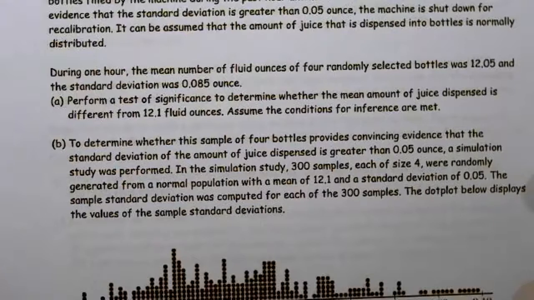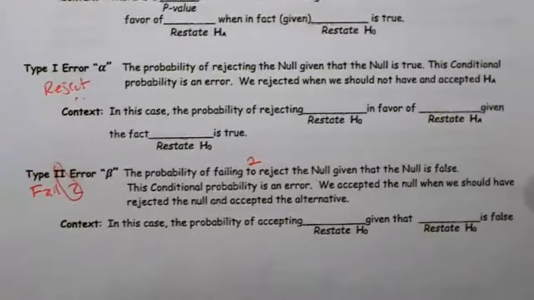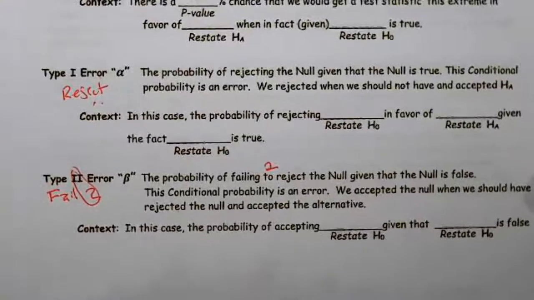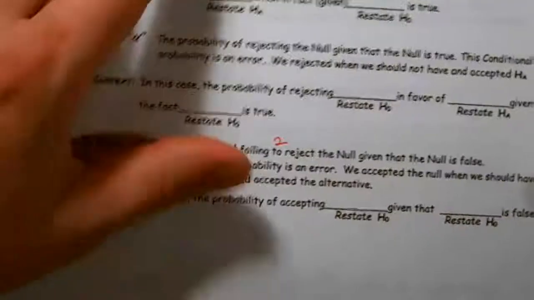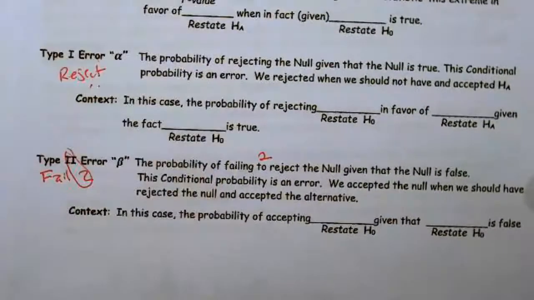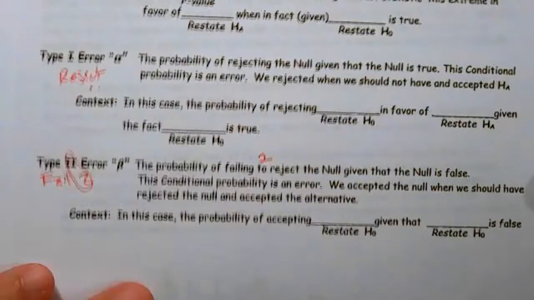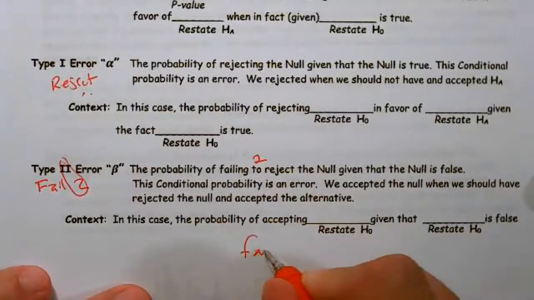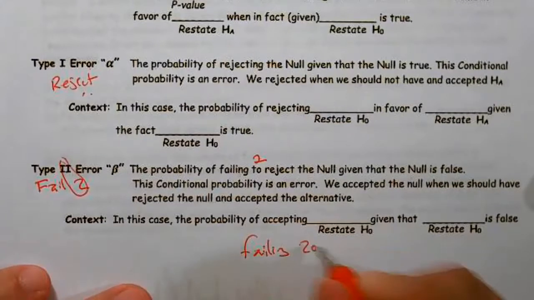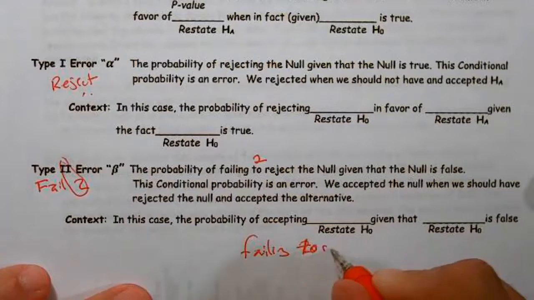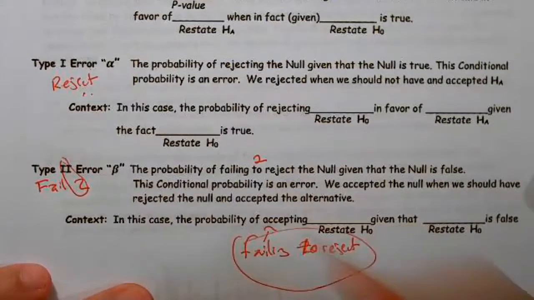Why do we say accepting the null instead of failing to reject? Okay, because we did accept the null. You could say, if you wanted to, failing to reject. So the probability of failing to reject the null given, that's probably even a better phrase.